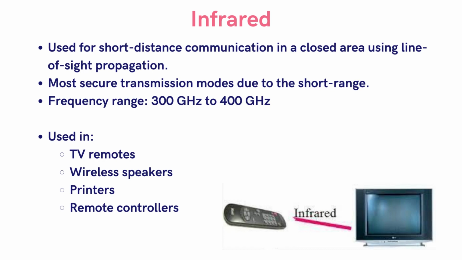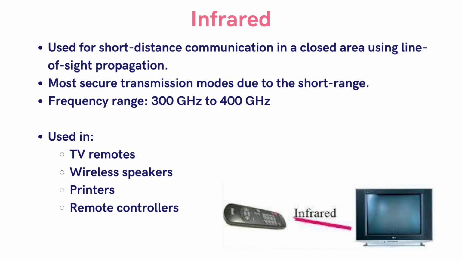Okay, the third category is infrared. Infrared waves with frequencies from 300 gigahertz to 400 gigahertz can be used for short distance communication in a closed area using line of sight propagation. They cannot penetrate through barriers such as buildings or anything that intersects between the systems, and these are considered as one of the most secure transmission modes due to the short range.